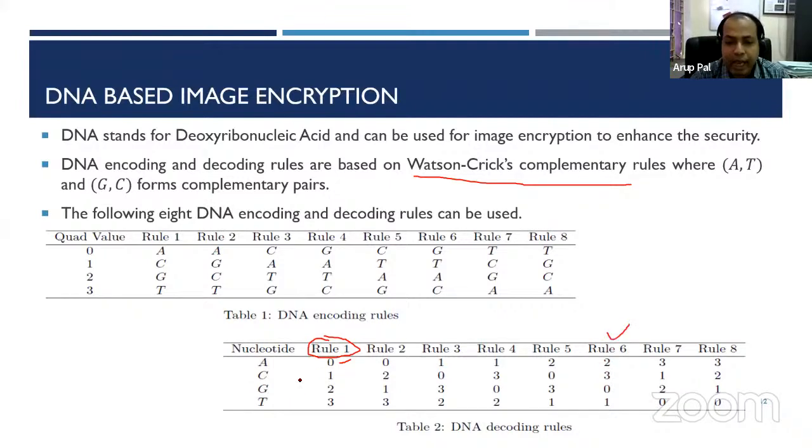In that case, A is mapped to 2, C is mapped to 3, G is mapped to 0, and T is mapped to 1.